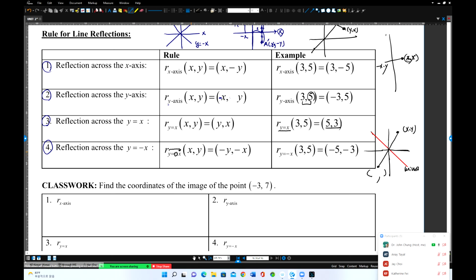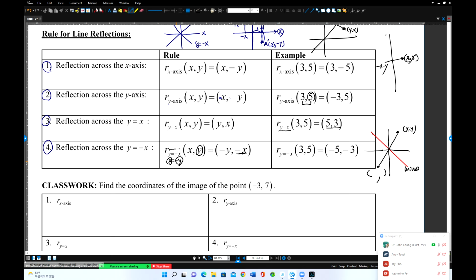This y changes to what? X with a negative sign. Y is replaced with a negative x. So this y is negative x. Also x equals negative y, isn't it? X is replaced with a negative y. That's the meaning.